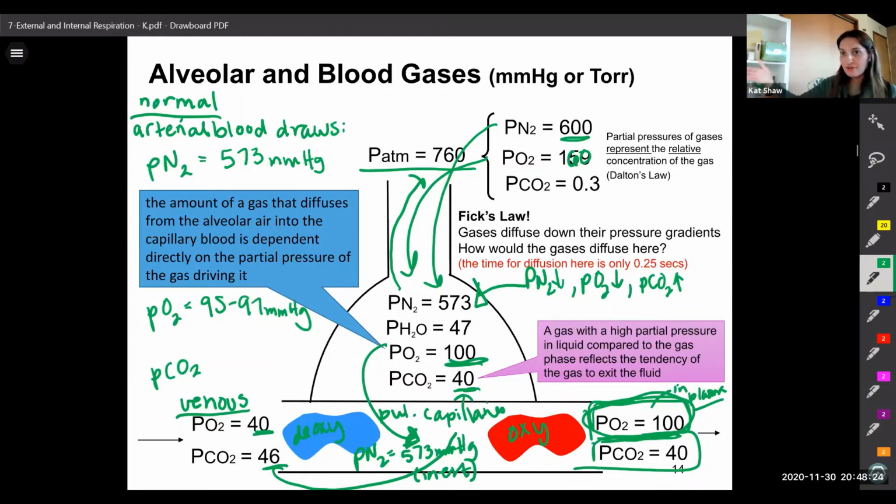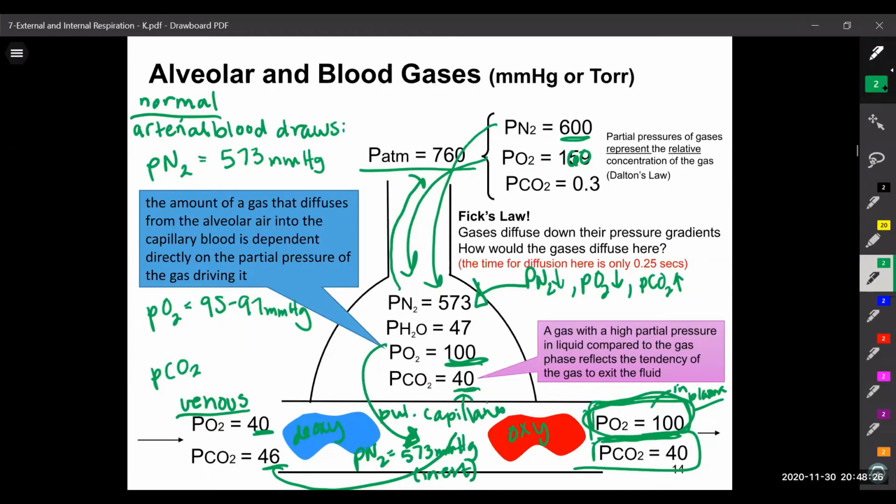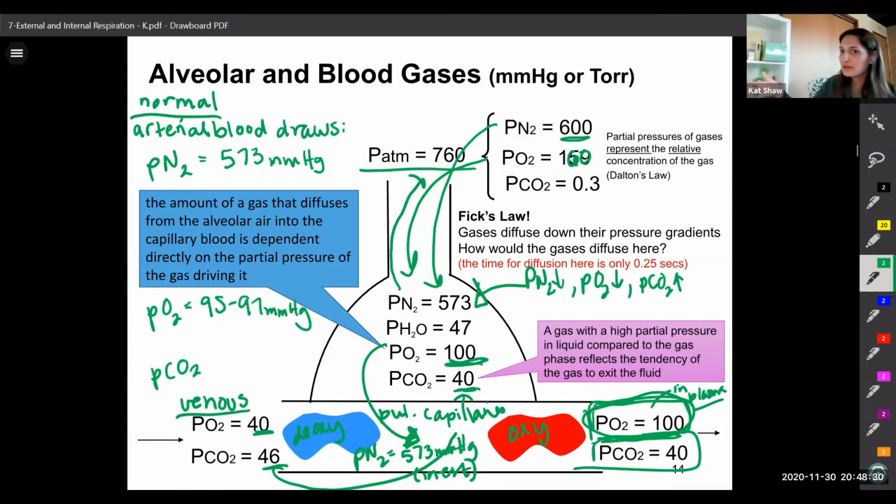We start off with that partial pressure of oxygen as we leave the lung capillaries. But as soon as we leave the lung capillaries, that blood is going to come across tissues that have oxygen requirements and begin to release oxygen to tissues. And then that partial pressure is going to begin to decrease within the plasma, just slightly, to 95 to 97 millimeters of mercury.